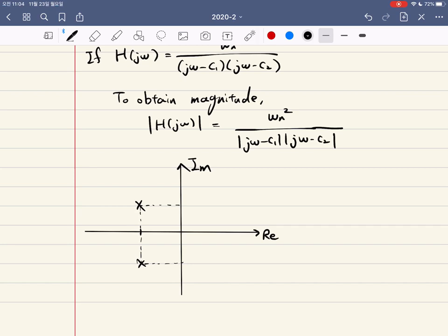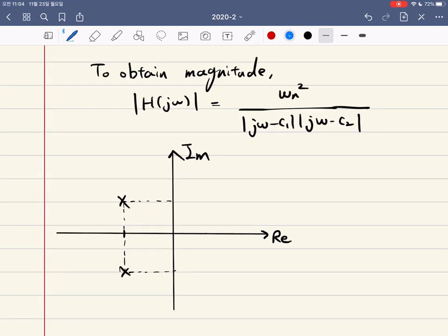If this is the vector j omega, then for j omega minus c1, let's refer that this is c1 here, and this is c2 here. This j omega minus c1 will be this vector. It starts from c1 and points to j omega.